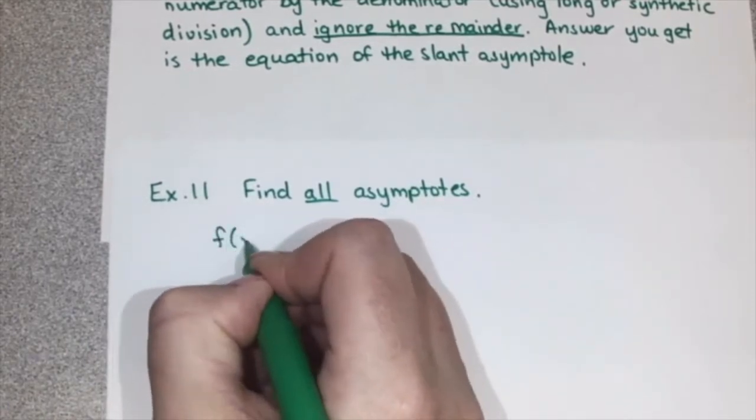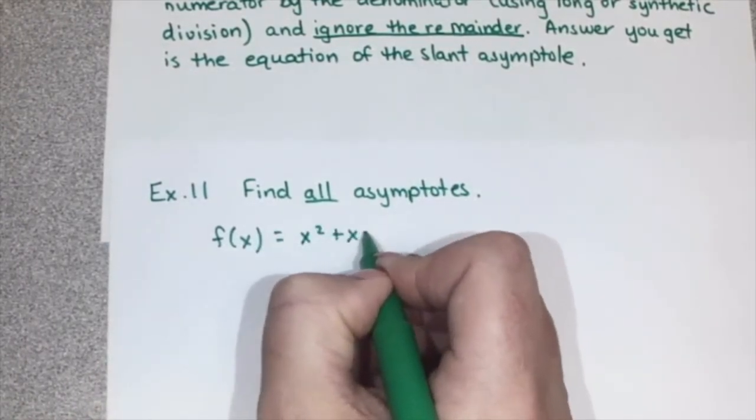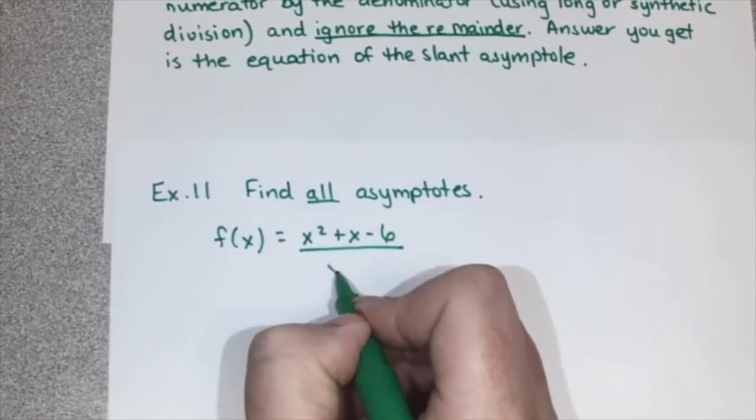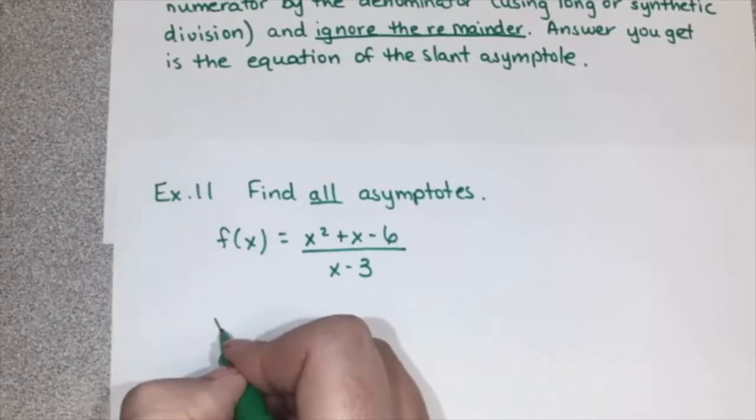All right, so let's say that I gave you the same problem that I did above. That first example where I said, yes, this would have one. So when I say find all the asymptotes, I actually need you to run through how many different types of asymptotes do we have now? 3, okay. So the first 2 are pretty easy, right?